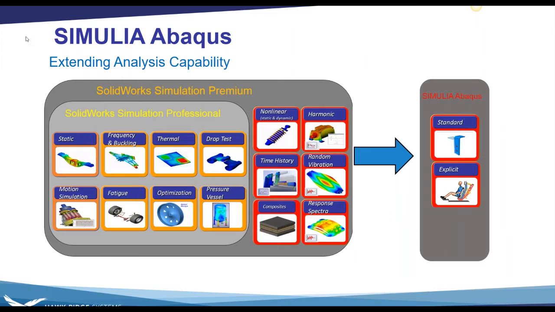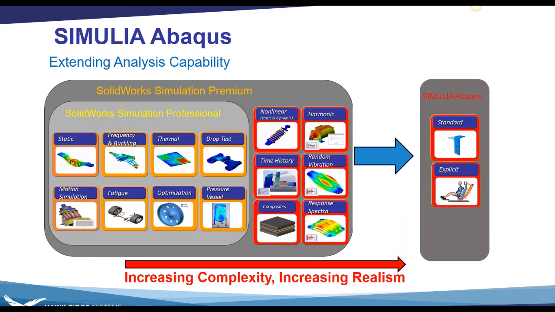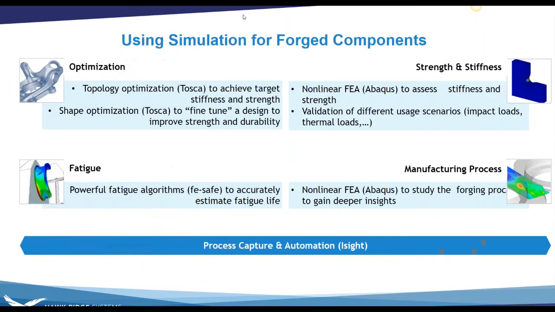Today I'm going to focus, from the SIMULIA line, just on the Abaqus FEA tool, but I will touch a little bit on what you can get at with some of the other pieces here. So beyond Abaqus, we have some tools called iSight, FE-Safe, and Tosca. The key to take away here is if you look in the top left, that's where the tool Tosca would come in. It's topology optimization.